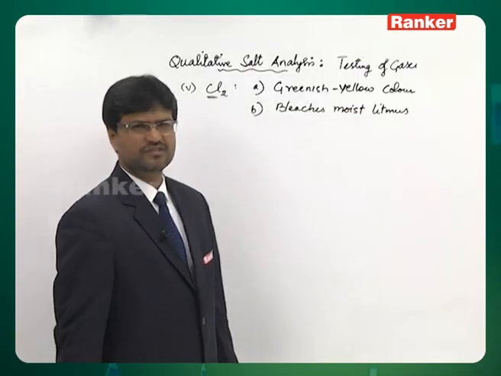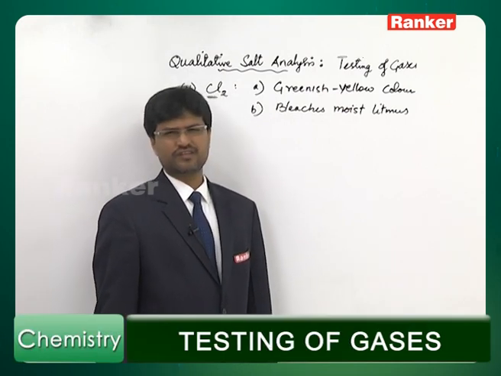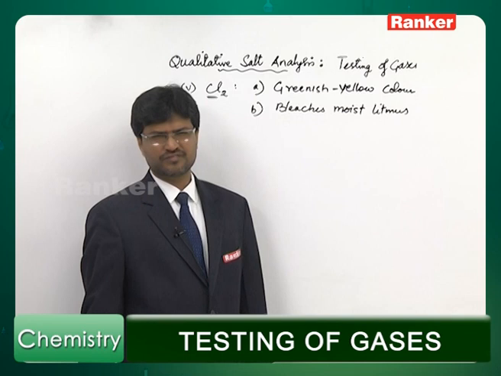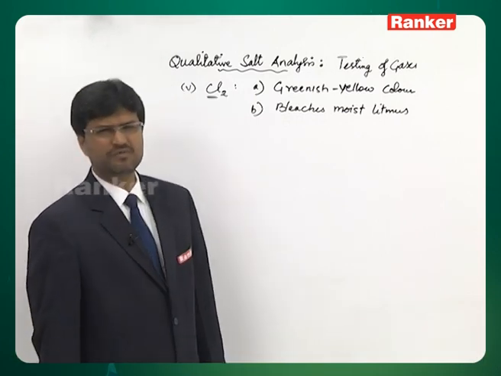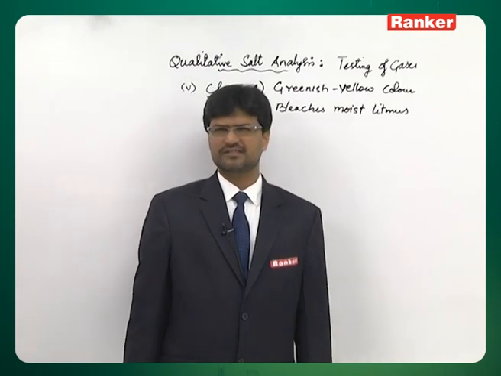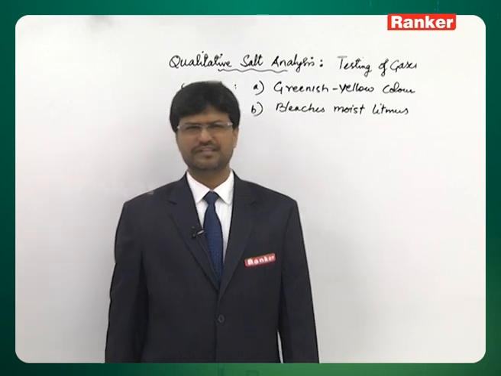See, this bleaching is due to oxidation. Chlorine, when in moisture, it produces HOCl, and the nascent oxygen released by HOCl is responsible for bleaching of litmus. Whether you hold moist blue litmus or moist red litmus at the mouth of the test tube where chlorine is being produced, then the litmus will be decolorized.